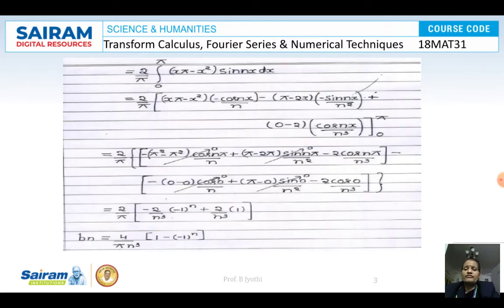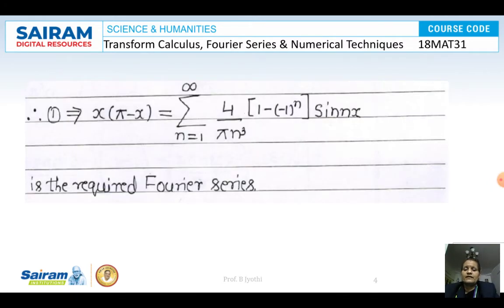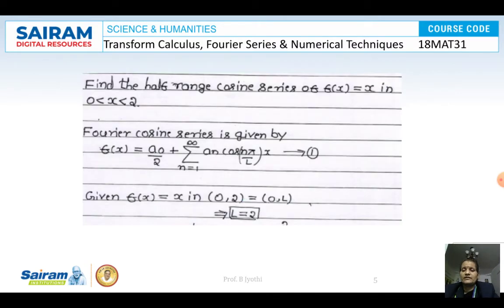So where f of x is given by x into pi minus x, that is equal to the bn value 4 divided by pi n cube into 1 minus of minus 1 power n into sin nx, which is the required Fourier series.